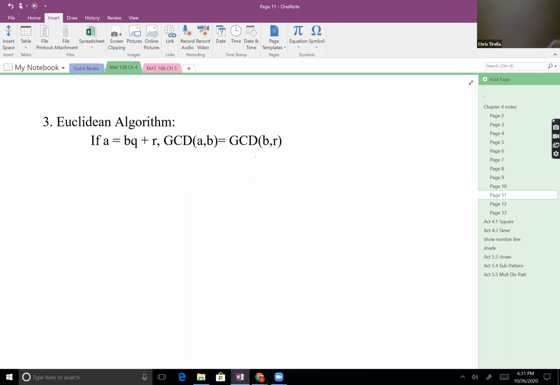What's that all about? What we're going to do is we're going to say to find the greatest common divisor of two numbers, the first thing we're going to do is divide the larger by the smaller.